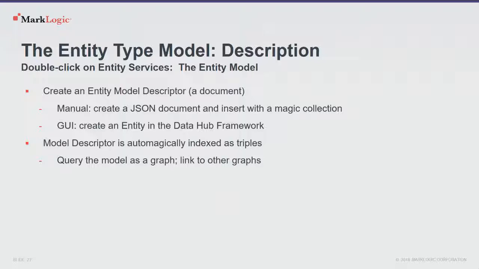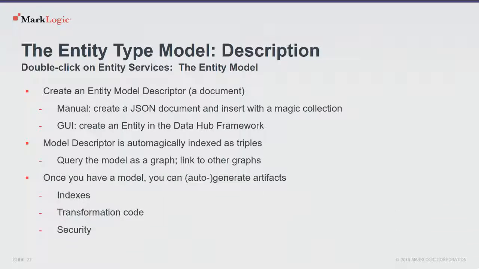And that model descriptor gets automatically indexed as triples. So now the model can be queried as a graph and also as a document. And once you have that model, you can auto-generate a number of different artifacts, such as indexes, as we saw from John, some stub transformation code, security, and so on.